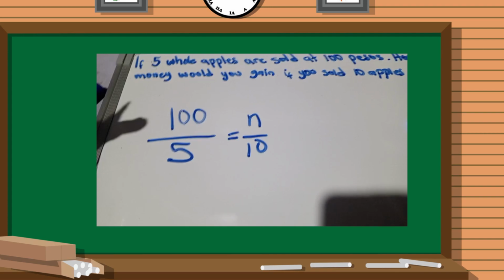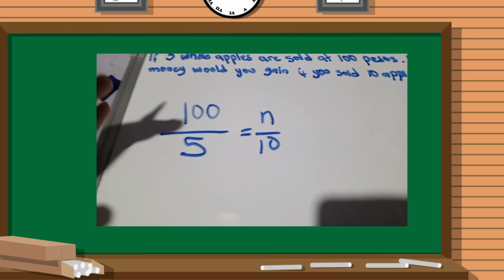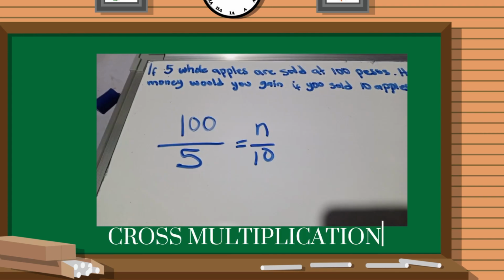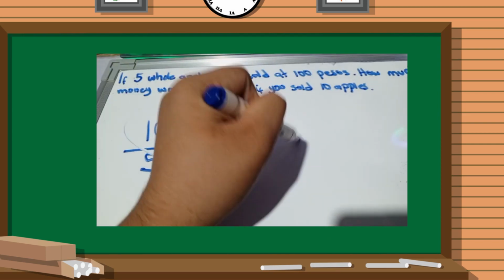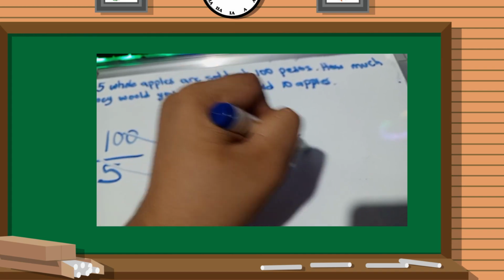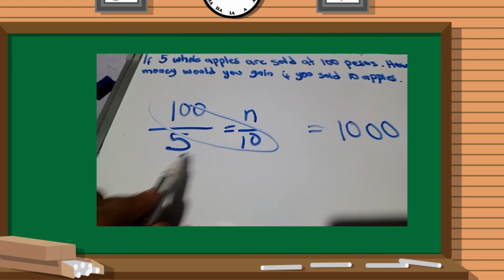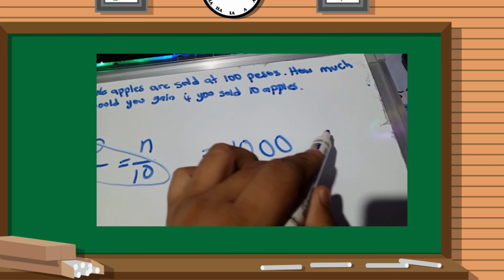For finding the missing term, we would use what we call cross multiplication. 10 times 100 is equal to 1000. And 5 multiplied by n is equal to 5n.